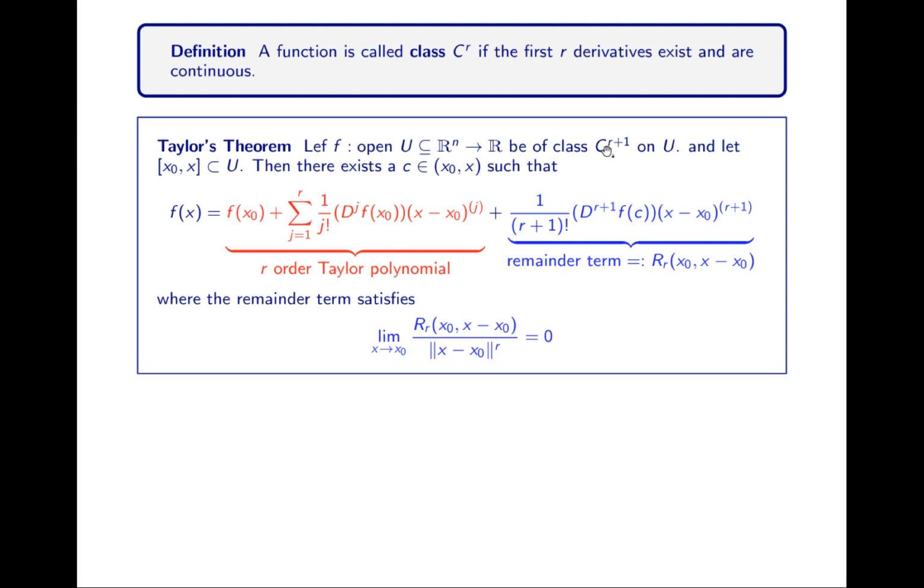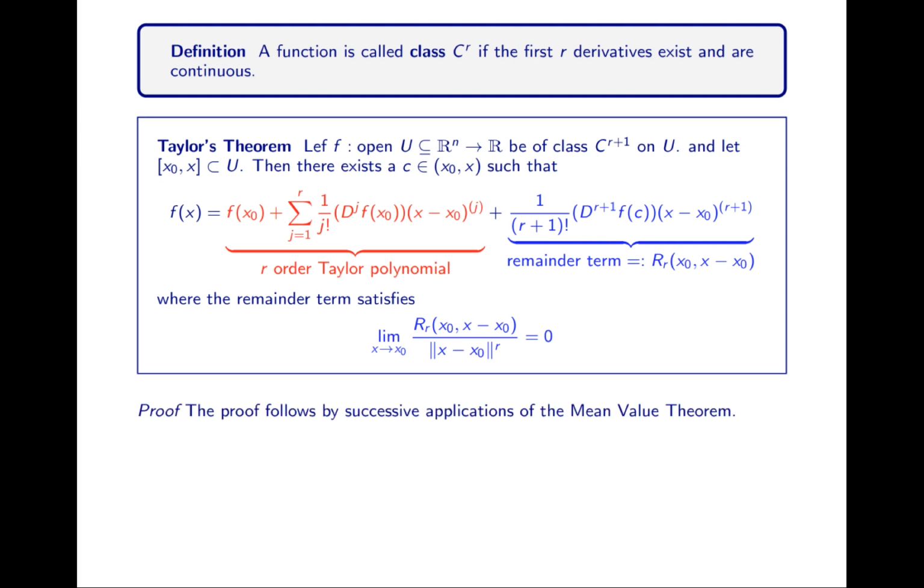Now, the continuity of that (r+1)st derivative ensures that my remainder term is small if x is near x naught. Specifically, the limit as x goes to x naught of my remainder term divided by the norm of x minus x naught to the rth power is 0.